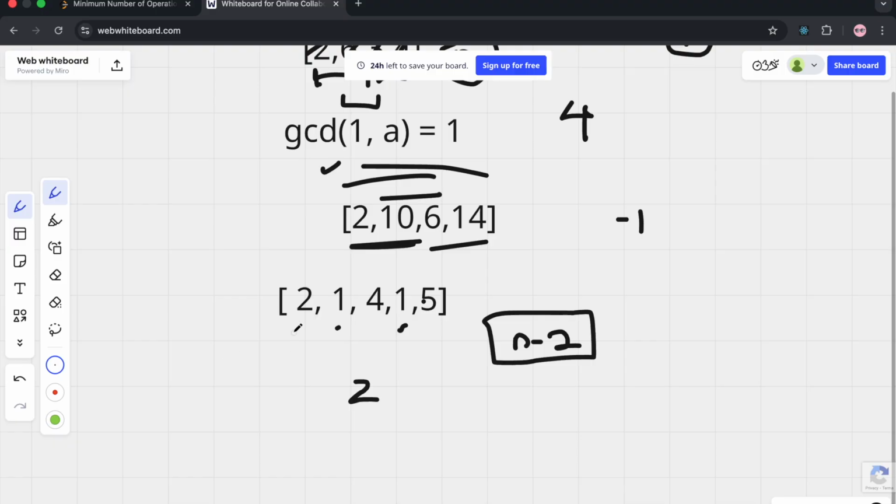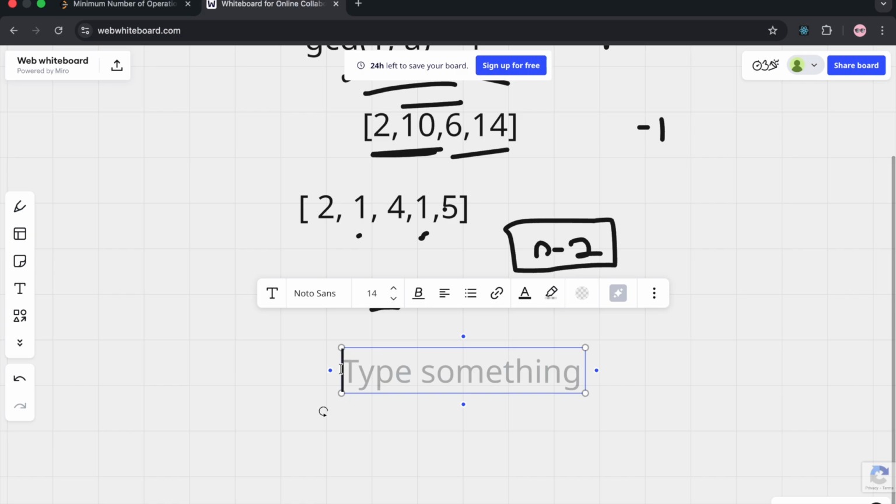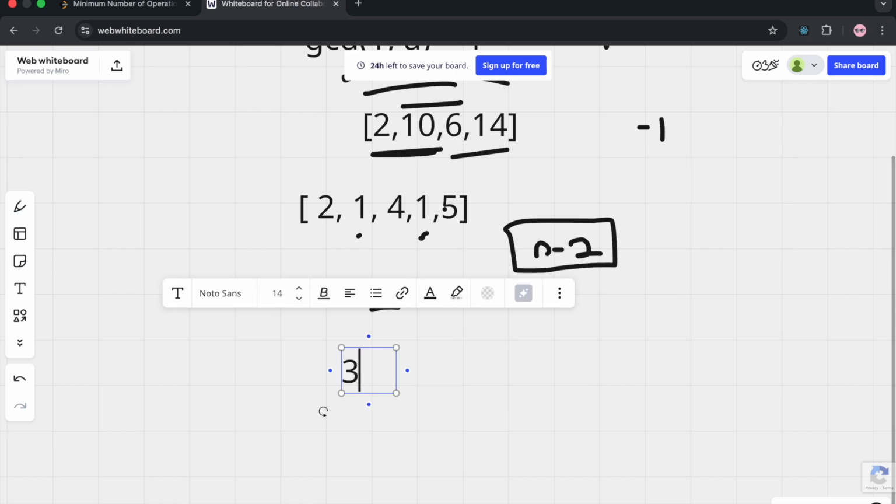For example, we need to find 3, 6, and 2.